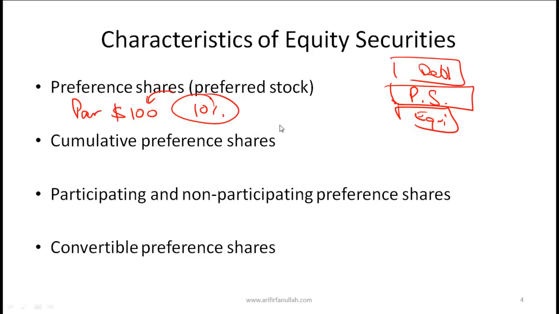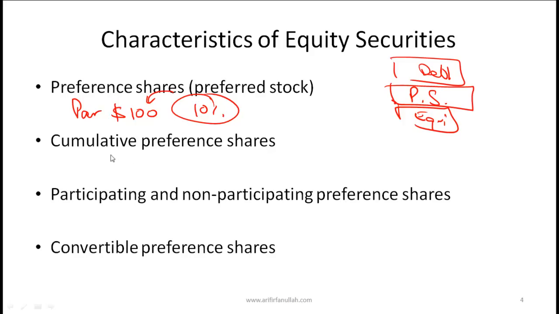Companies in general do their best to make these preferred dividend payments, and if these payments are not made, that is generally considered bad for the company. So often this is not legally binding, but effectively companies do everything possible to make their preference share payments.